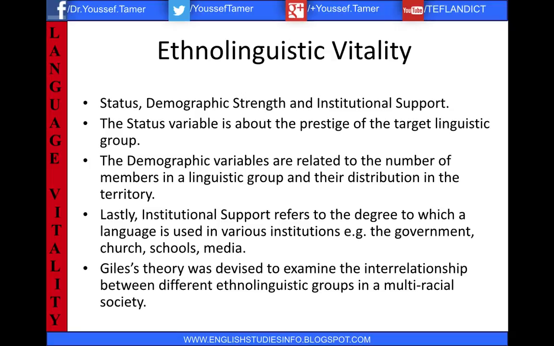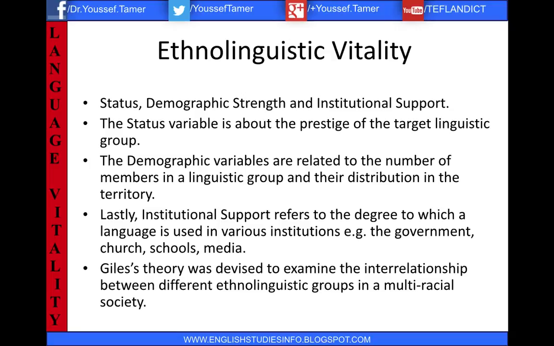Now, concerning the demographic variable, it has got to do with the number of people. If you have a large group of people, a big number of people who speak the language, that's a sign of the ethnolinguistic vitality of the language. Another sign of the ethnolinguistic vitality of the language is the prestige of the group.